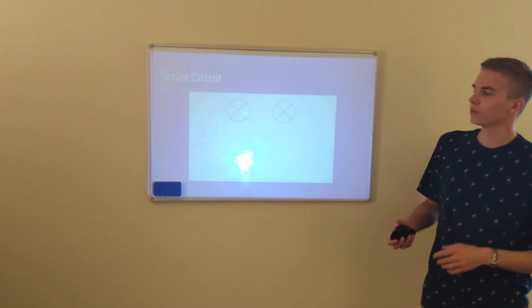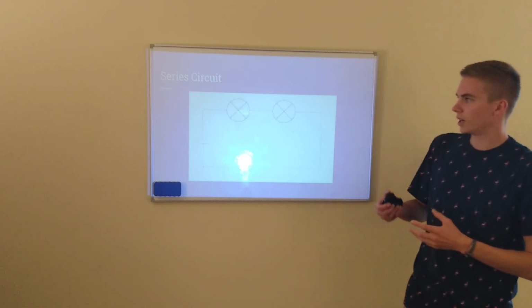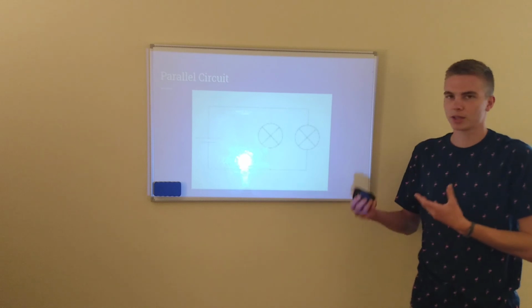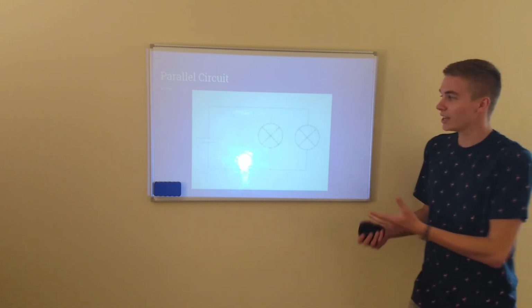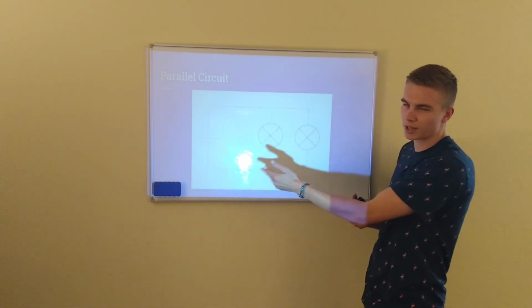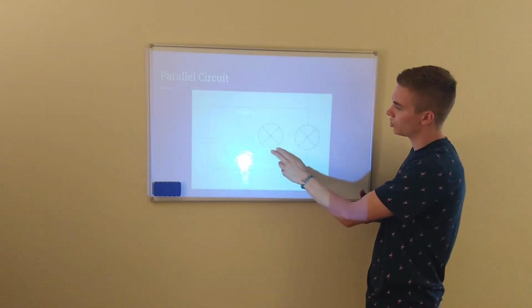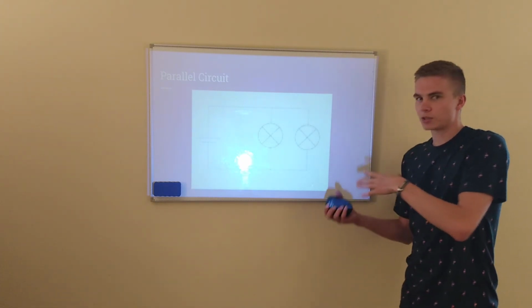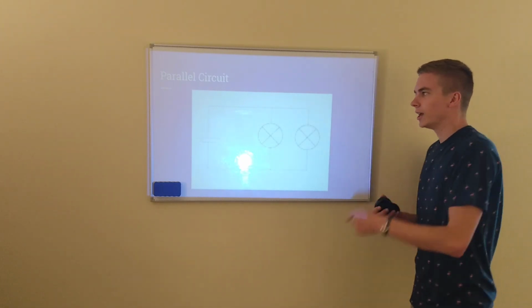Now this is a little bit different from another type of circuit that we can look at. This is known as a parallel circuit. Here we take these devices, which are light bulbs. I know this diagram might be a little hard to see. We have two light bulbs, but this isn't series. They're not coming one after the other.